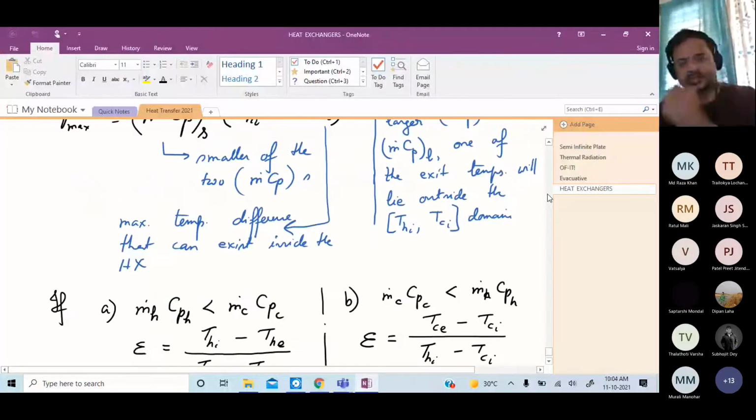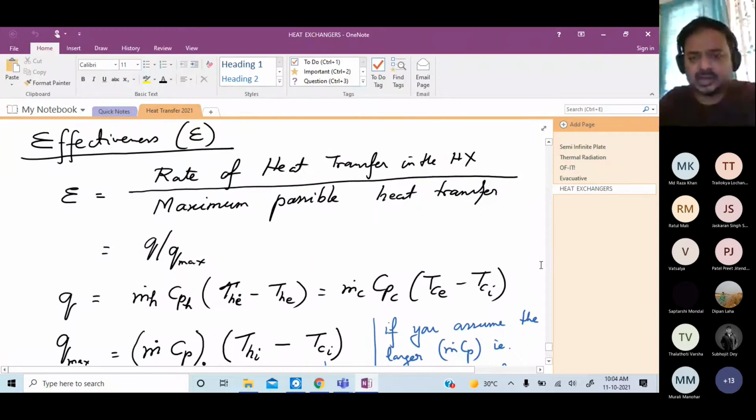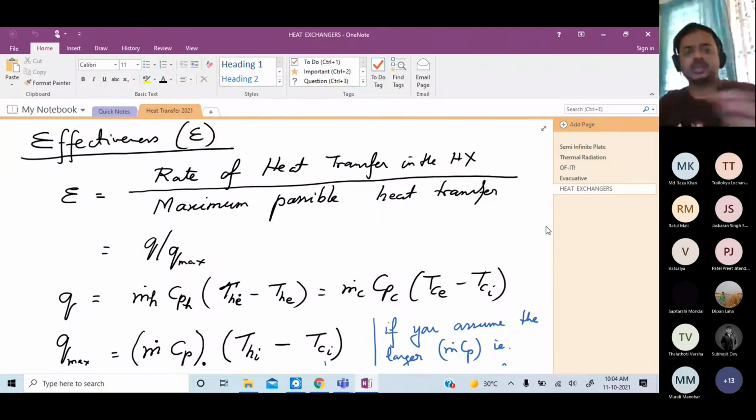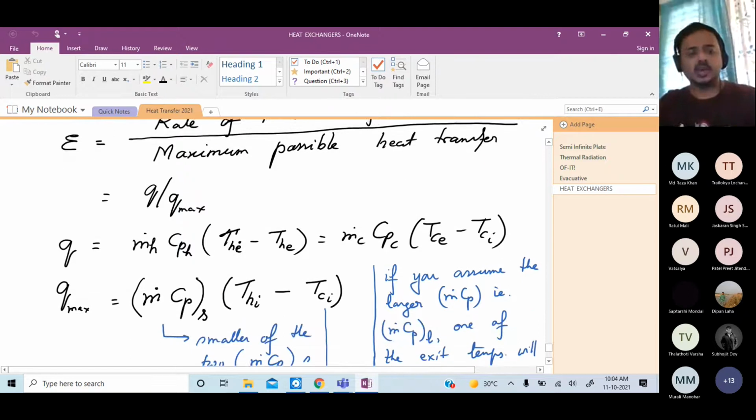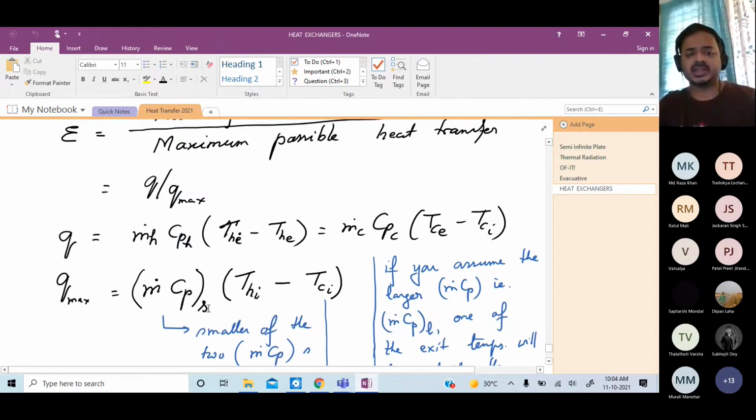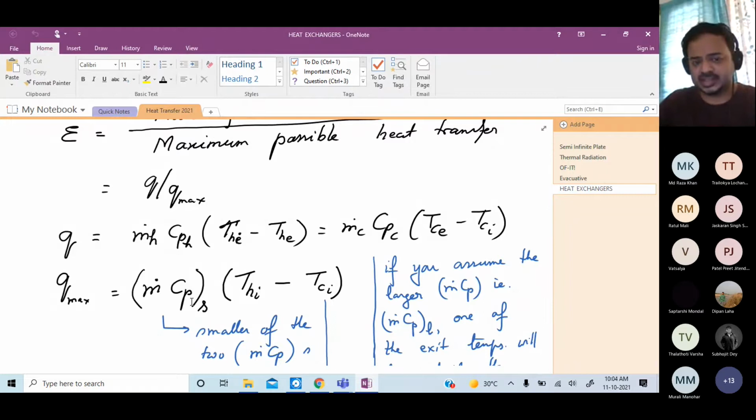Remember that we had just started this method and talked about the definitions. What is epsilon? What is effectiveness? We defined effectiveness as the actual heat transfer divided by the maximum possible heat transfer, Q over Q max. And how do I calculate Q max? Q max is the lower of the heat capacities, m dot Cp, whether it's the hot fluid or the cold fluid, times the temperature difference at the inlet.